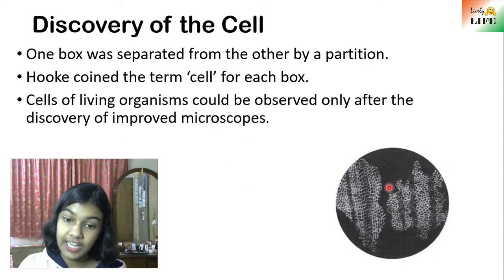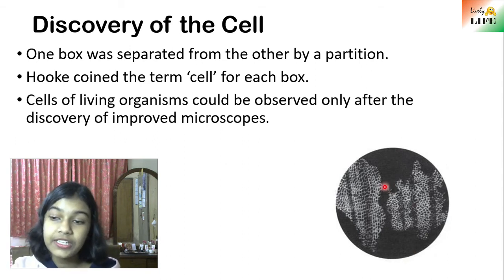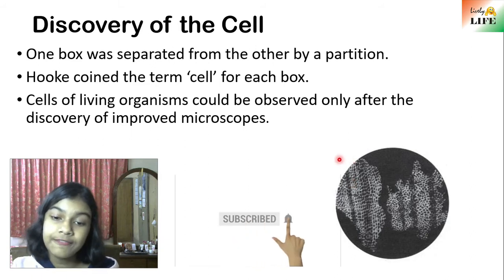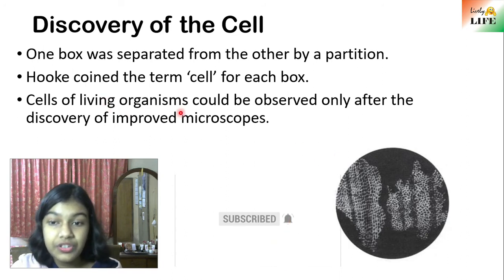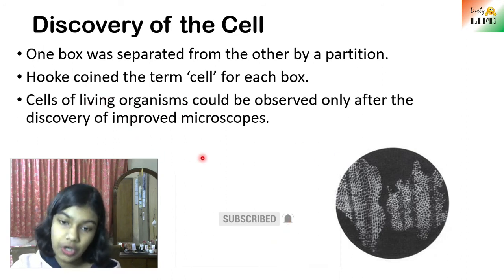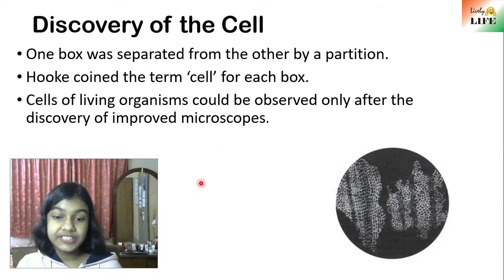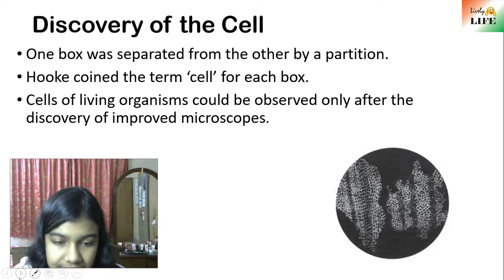They appeared like a honeycomb, and one box was separated from the other by a wall. But not much was known after that. After 150 years, cells of living organisms could be observed. Why? Because improved microscopes were invented at that time. So this was the discovery of cell.